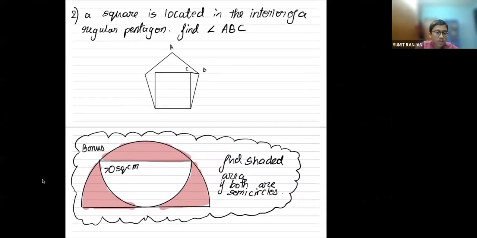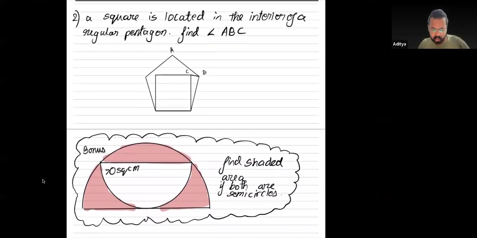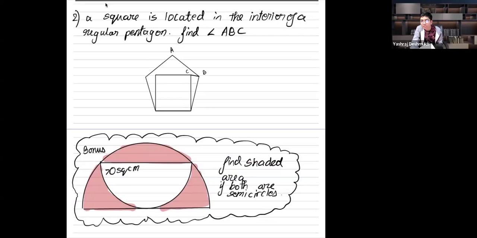Sir, any more information is provided in this question? So okay, should I start discussing? Anyone wants me to wait for question two? So 70 square centimeter is the area of the interior semicircle.